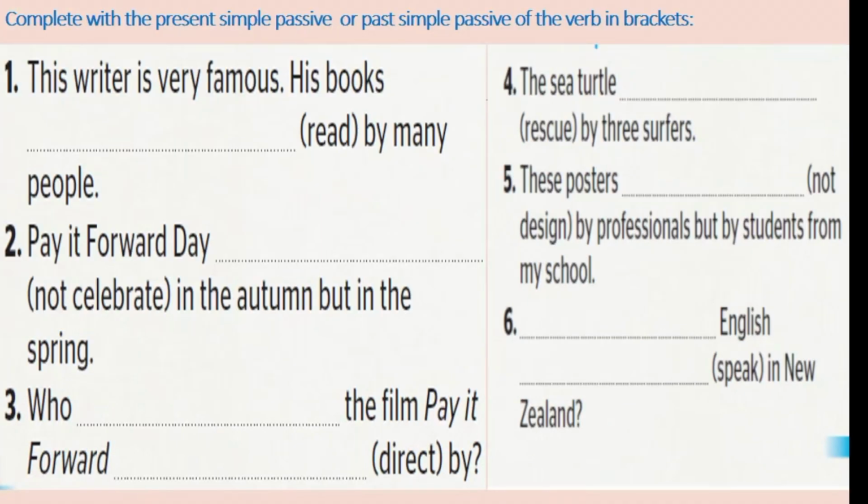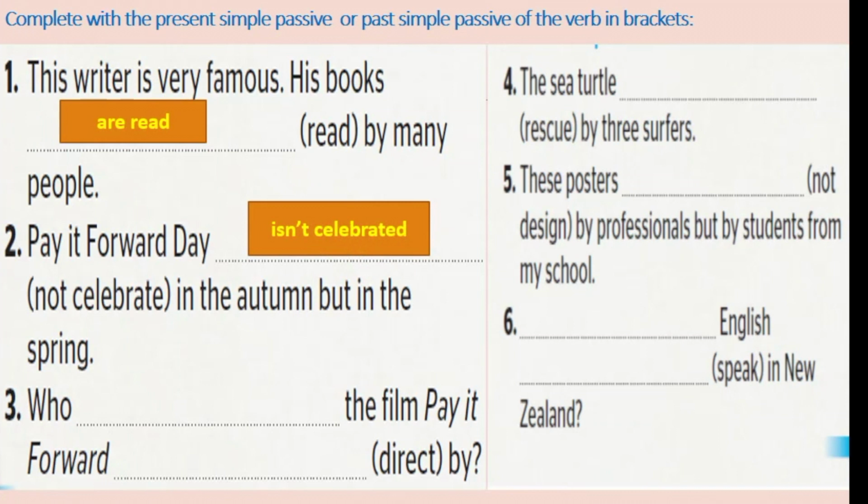Now exercise C students book page 73. The writer is very famous. His books, yes, his books are read by many people. Number 2, Pay It Forward Day isn't celebrated in the autumn, but in the spring.